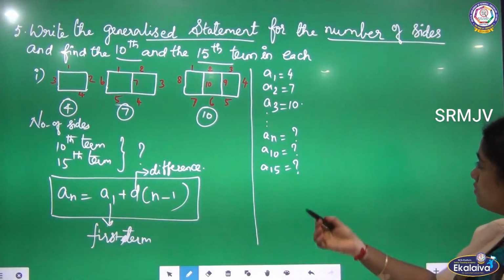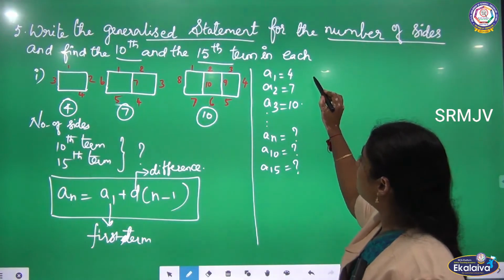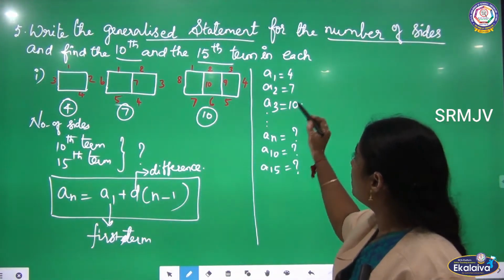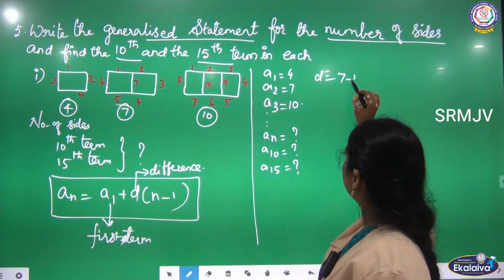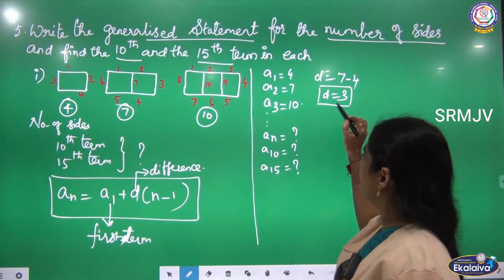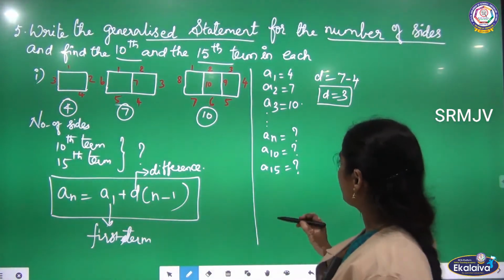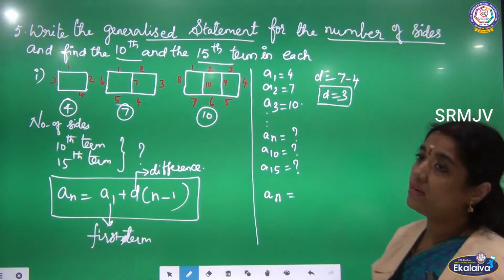Okay, so substitute in this. So I am having A1. What is my difference? The difference between the 2 numbers, D is equal to, listen, 7 minus 4. So D is equal to what? 3.